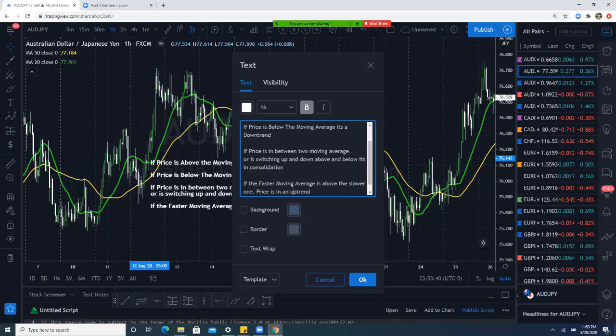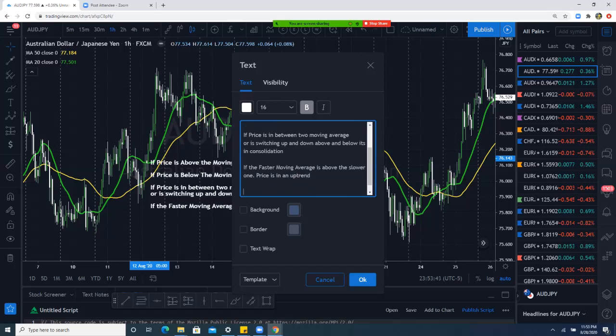And if the faster is below the slower moving average, price is in a downtrend.